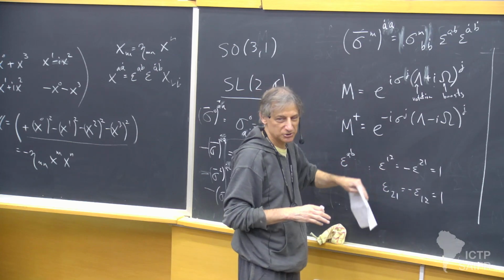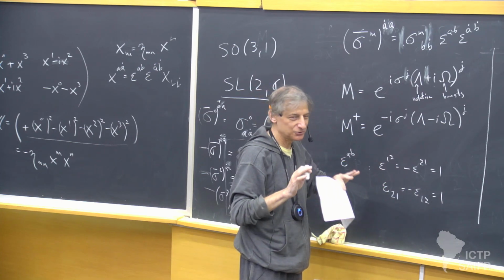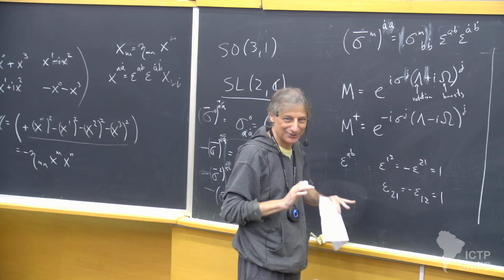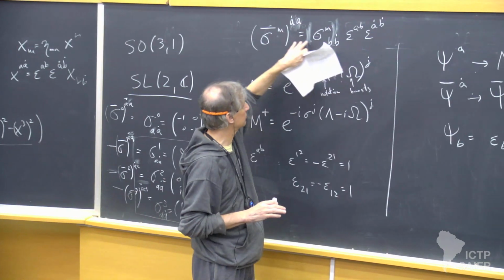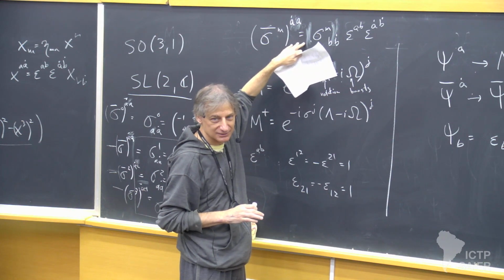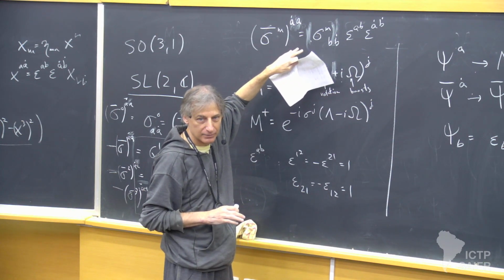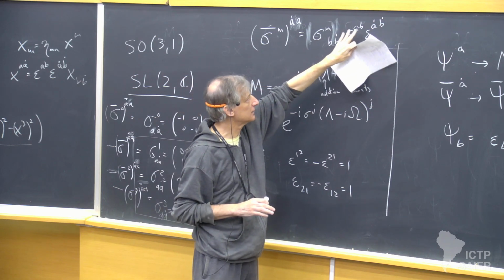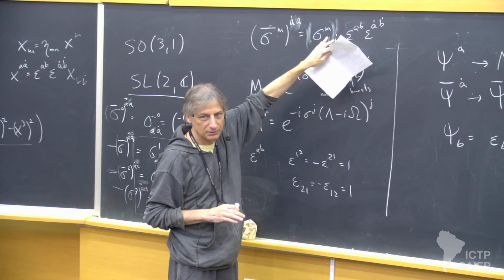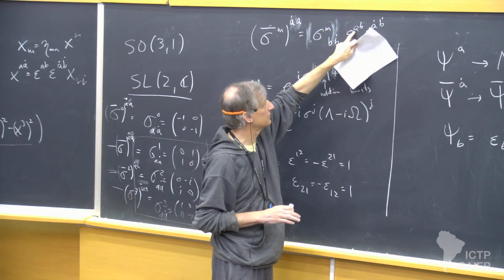So, just to not confuse, they're bosons, they're just ordinary numbers. Everything here is just ordinary numbers. So you could put the epsilons here if you want. It doesn't matter where you put them. I'm not sure what you mean by components. So A and B go from 1 to 2.